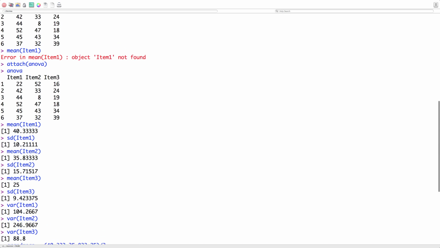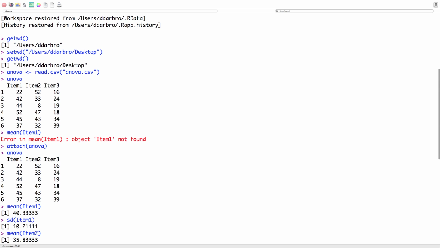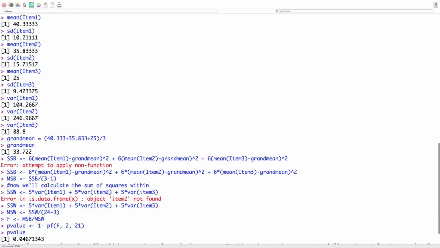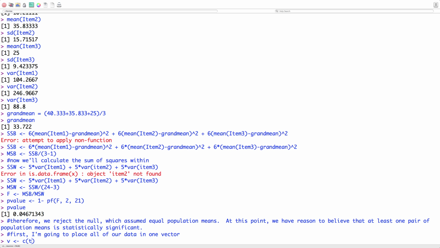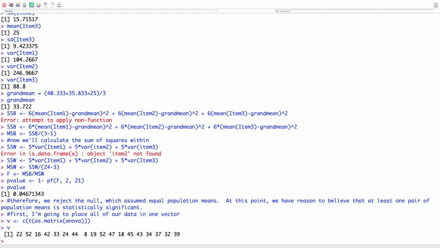What did we call this thing? Let's see. Okay, we called it Anova, didn't we? So what I'll need to do here is as.matrix Anova. And let's see, that's going to take as.matrix. Okay, that should do it actually. So yeah, that's what we want.